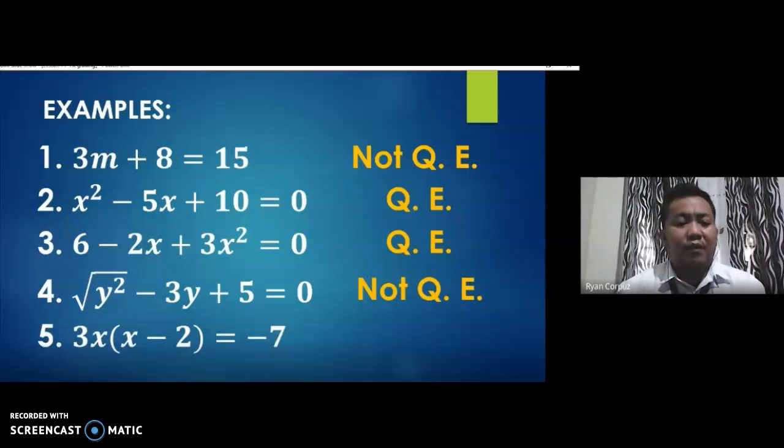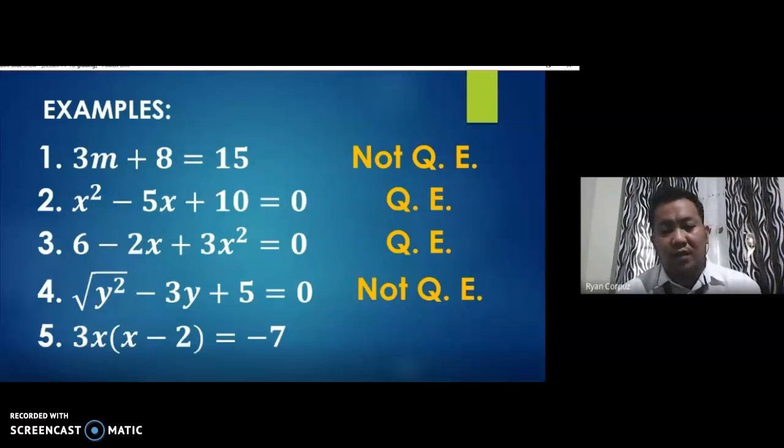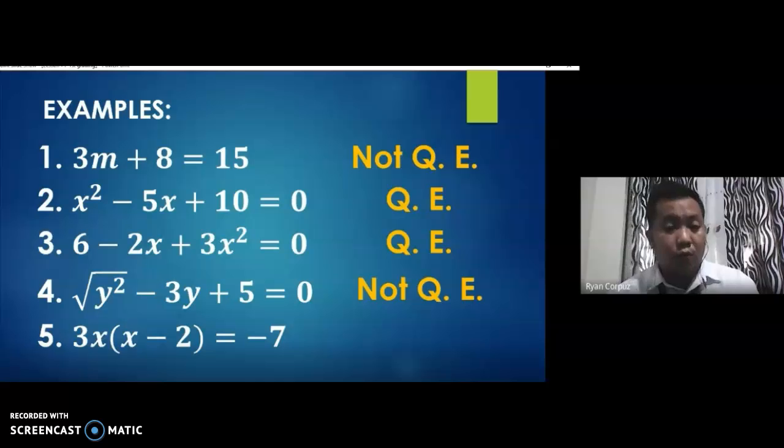Now let's have number 5. Number 5 is 3x times the quantity x minus 2 is equal to negative 7. At first, you will not say it's a quadratic equation, because you will not see a term whose highest exponent is 2.